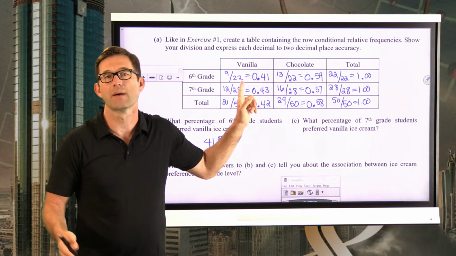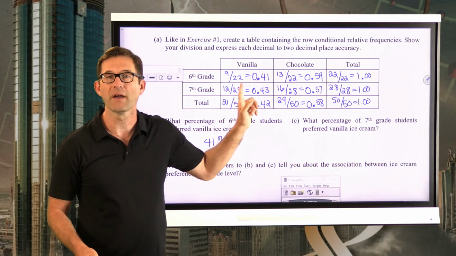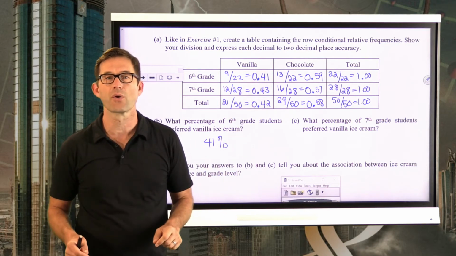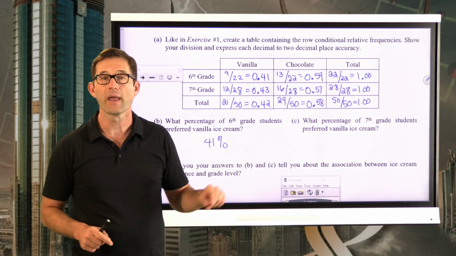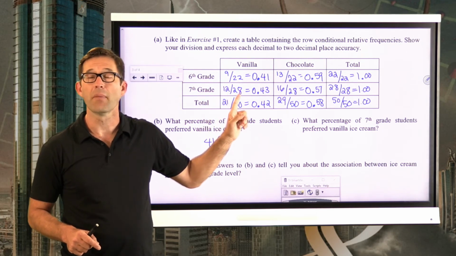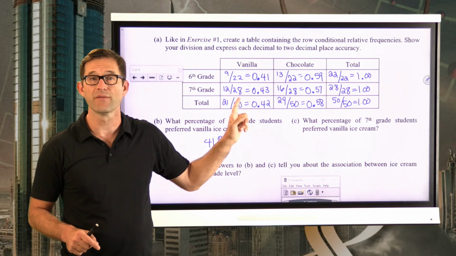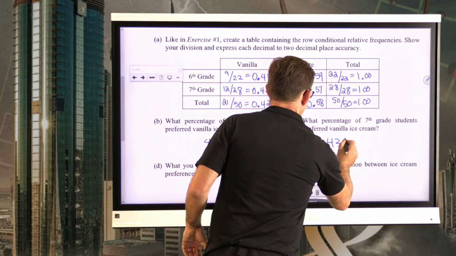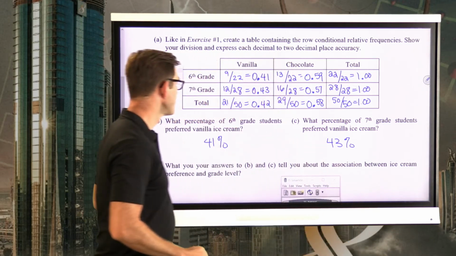That's how you always come up with a percent. Part divided by total, right? That gives me 0.41, 41% of sixth graders liked vanilla. On the other hand, when I took the 12 seventh graders that liked vanilla and divide by how many total seventh graders were in the survey, 28, I got 0.43 or 43%.